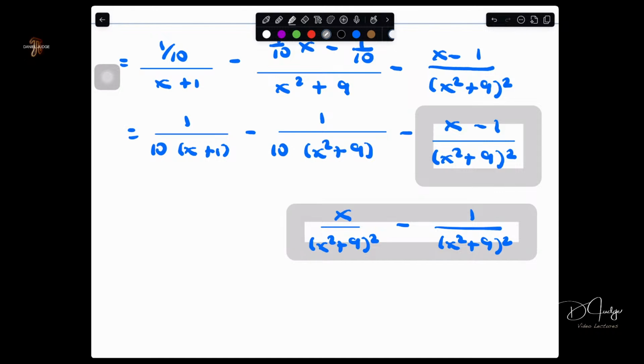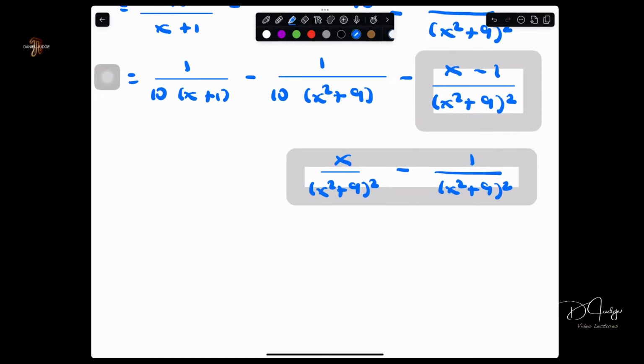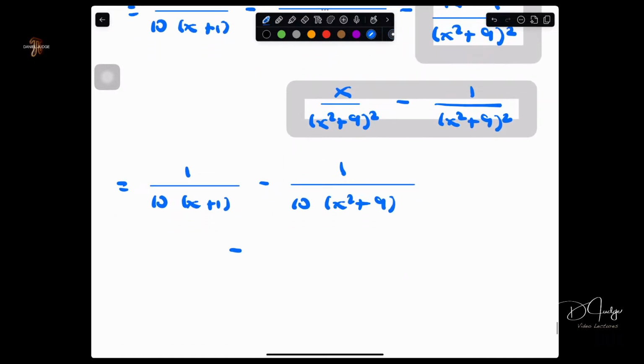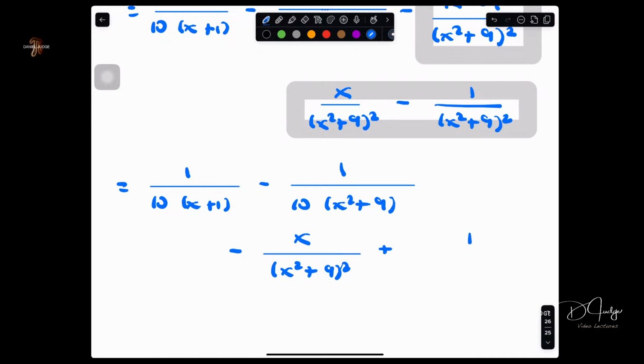So let's see, ladies and gentlemen, that's what we get. Minus x over x squared plus 9 squared, minus the minus makes this last one plus.